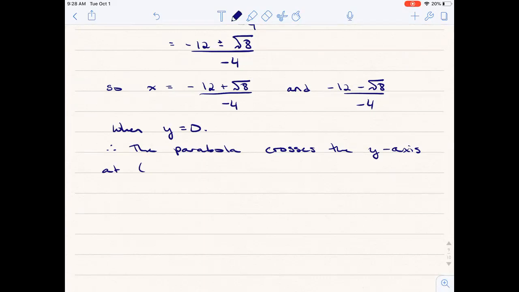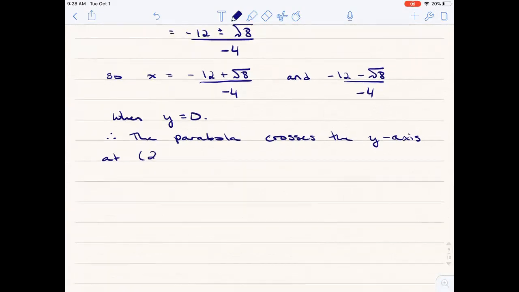Okay, so here we go. Still getting used to this calculator. Negative 12 plus the square root of 8, and then divided by negative 4, is 2.2928932190.